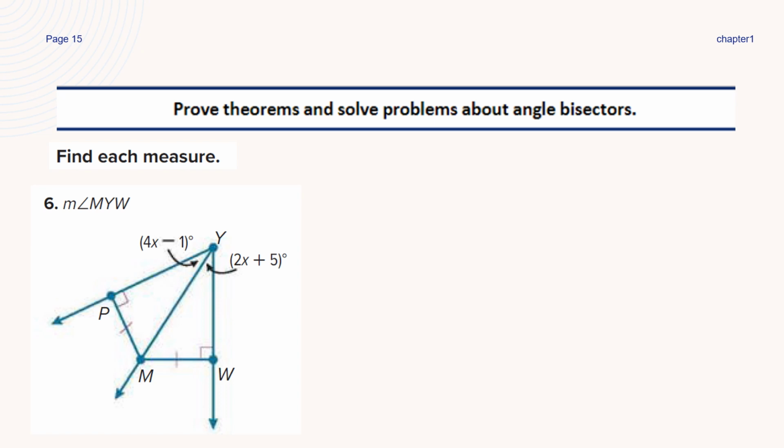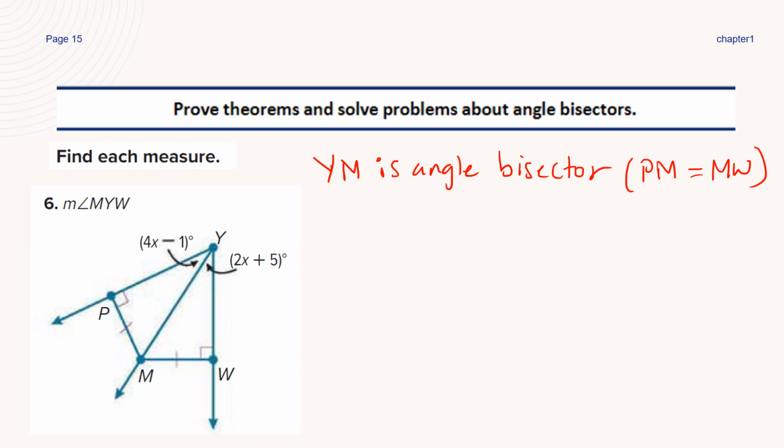Next we have on angle bisector this question where again we are going to apply the same property. YM is angle bisector. What is the reason? The reason is PM is equal to MW. When the perpendiculars drawn from the angle bisector are equal, that means this angle and this angle are also going to be equal.